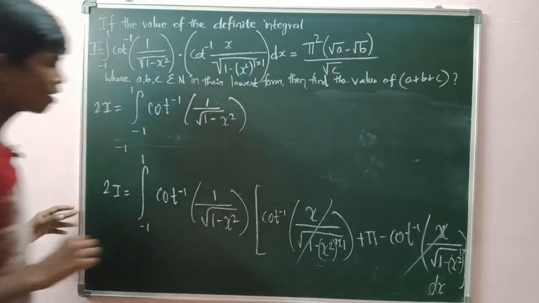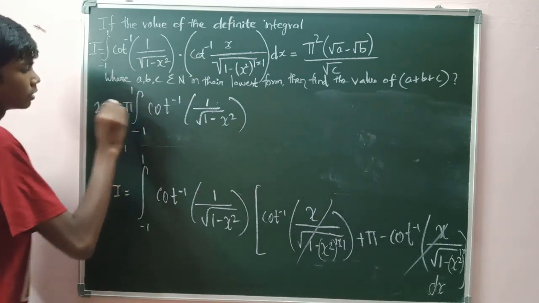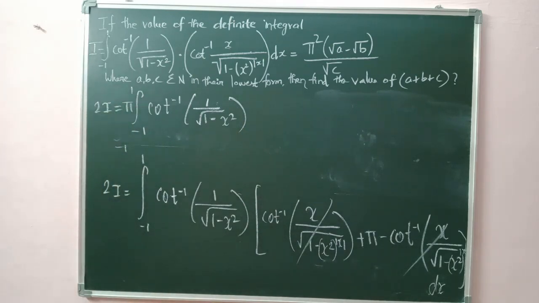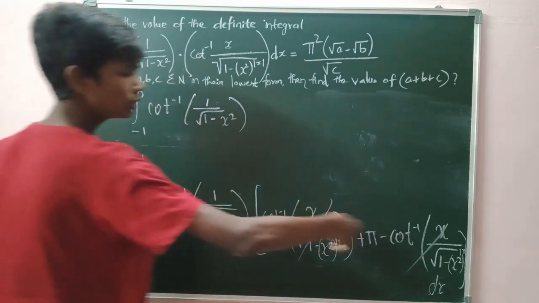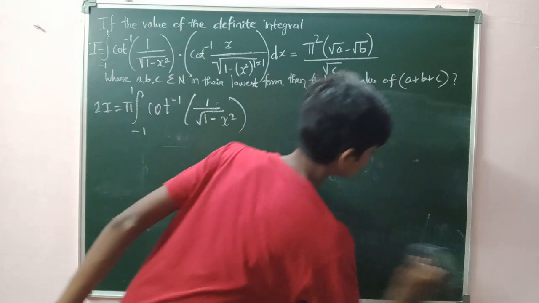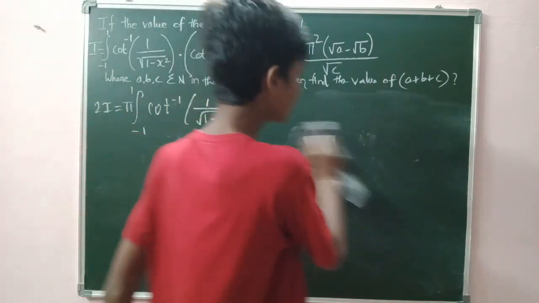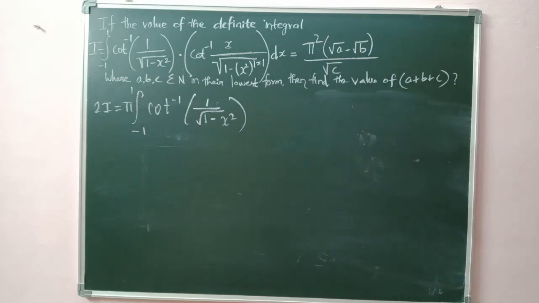This is something we have now. Then pi is left out, right? I'll take this pi outside. These two terms are cancelled, so pi is left out. So pi is a constant, and it is outside. Okay, people, so this is something we are left with.